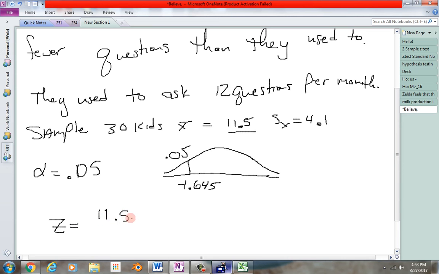So I'm going to do 11 and a half minus 12. By the way, that gives me a negative z-score right off the bat, yes? And then it's 4.1 divided by the square root of 30. Okay?